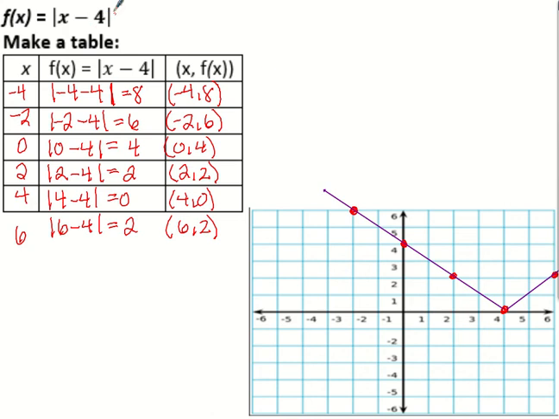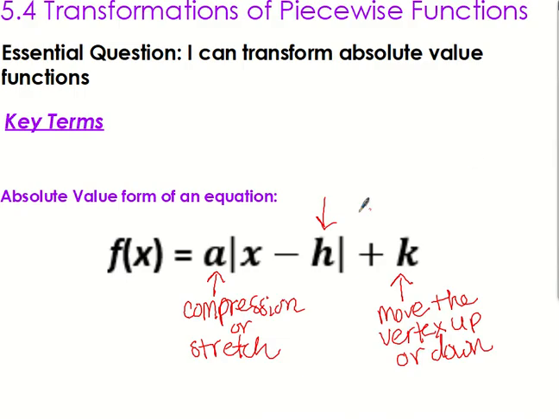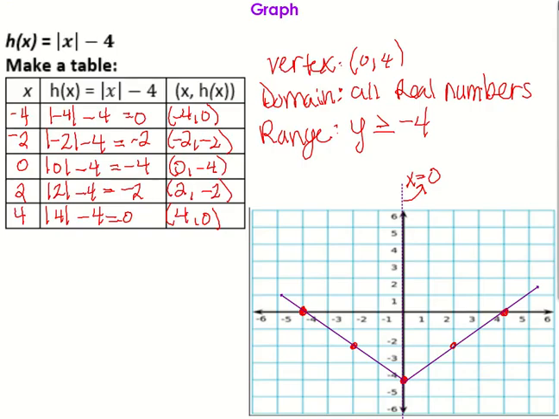Okay, so this inside number, I'm going to go back to the beginning. This is a movement. It moves the vertex left or right.